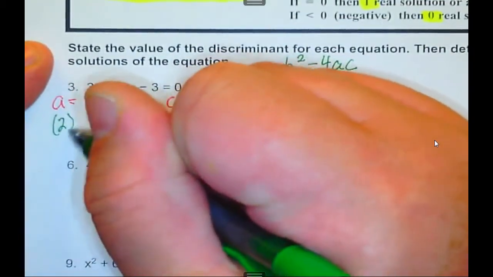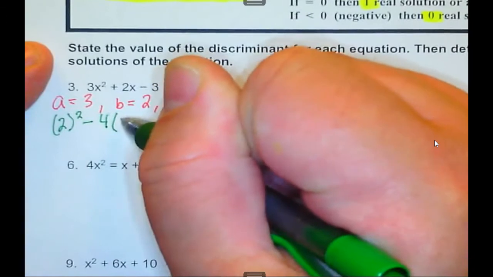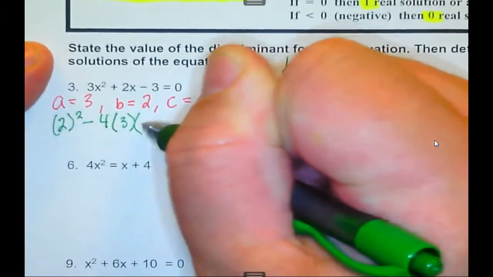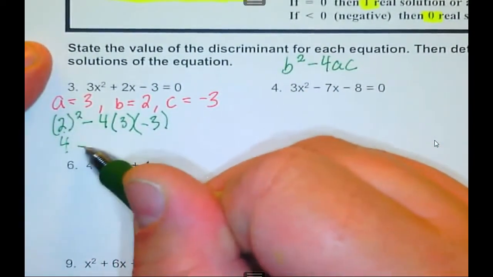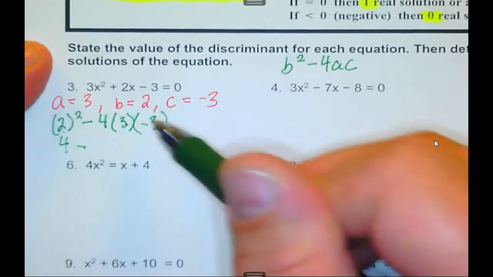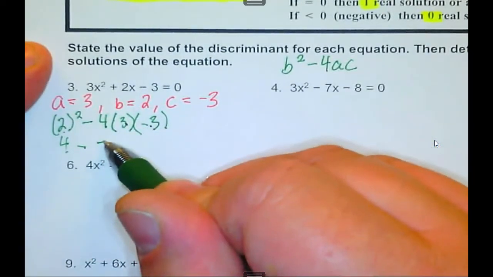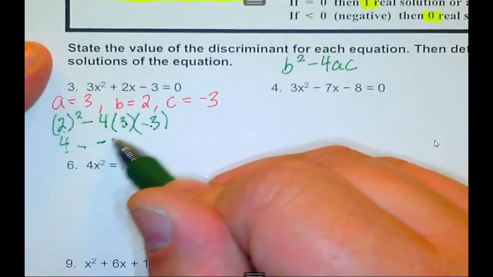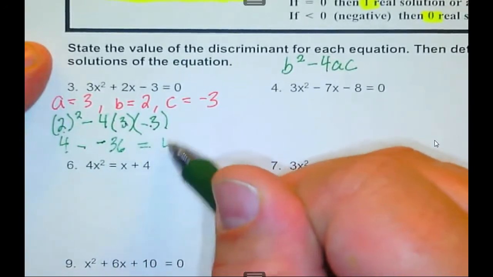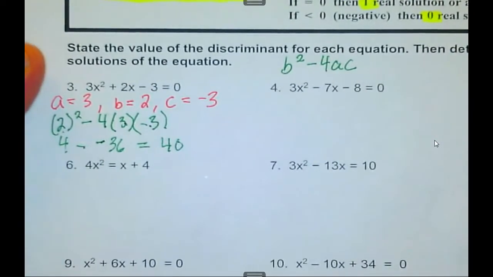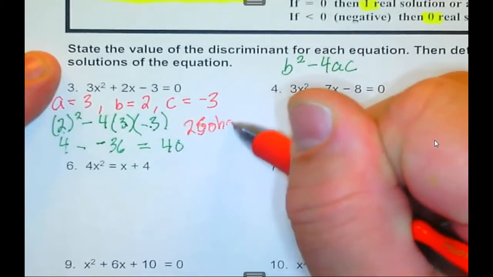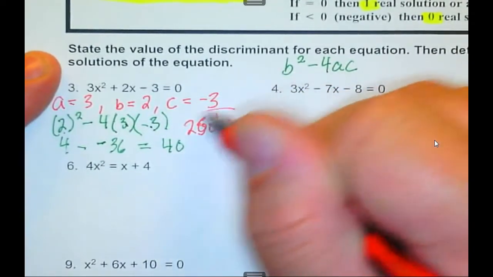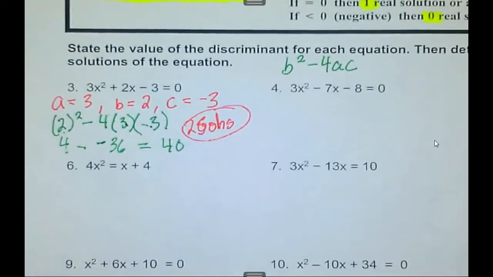So, B squared, 2 squared minus 4 times A, which is 3, times C, which is -3. 2 squared is 4, minus 4 times 3 is 12, times -3 is -36, right? So this comes out to positive 40. What's my answer? 2 solutions. That's all you have to do. Tell me how many solutions there are.